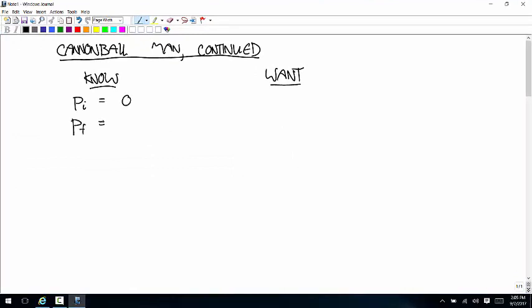The final position is positive 3 meters. The initial velocity is 0. The final velocity is 12 meters per second. And now we calculated the acceleration, which is 24 meters per second squared. And we're trying to find time final.